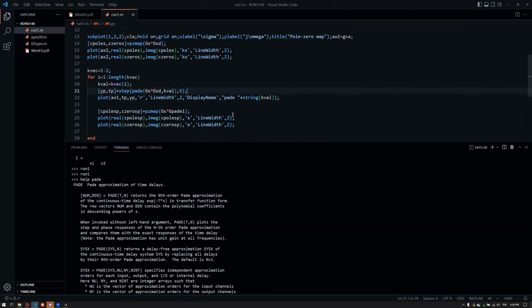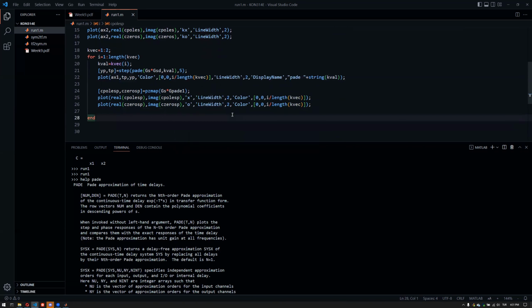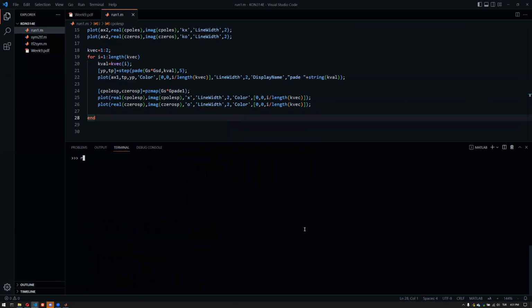Once we have that, we can just generate a color. So instead of having that, let's provide a color. Let's maybe use blue for it. So then we get a transition from a certain color, a tone of blue, basically. So I'm just going to provide that. There we go. Now let's see if it works.